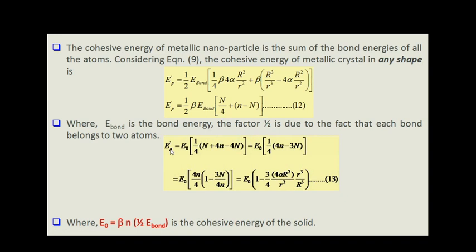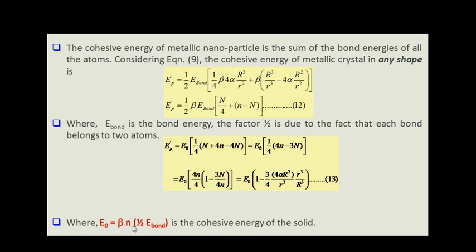Therefore my total energy in any particular shape of the particle would be given by E0 1/4 n plus 4n minus, just the expansion of equation 12, and this 1/2 beta E bond factor I am replacing by E0.